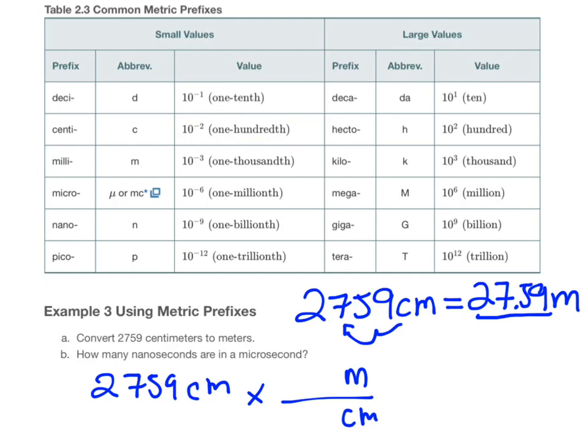So 1 centimeter is 10 to the negative 2 meters. And then you can multiply 2,759 by 10 to the negative 2, and you could do this using a calculator or by multiplying by 1/100th, and essentially what that's going to do when you multiply by 1/100th, you're going to be dividing by 100, which moves the decimal 2 places to the left.